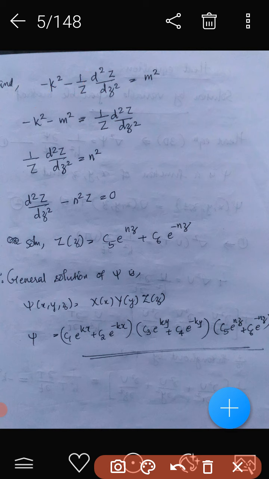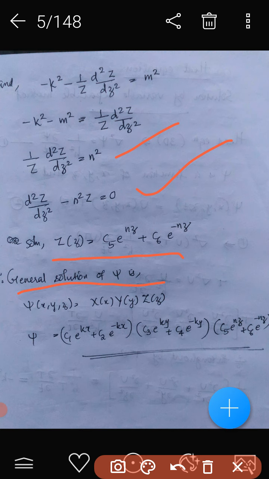In combination, instead of this I take another constant, n². Both these two are constants, so we can substitute another constant instead. So (1/Z) d²Z/dz² = n², then d²Z/dz² − n²Z = 0. Then the solution is Z = c5 e^(nz) + c6 e^(−nz).